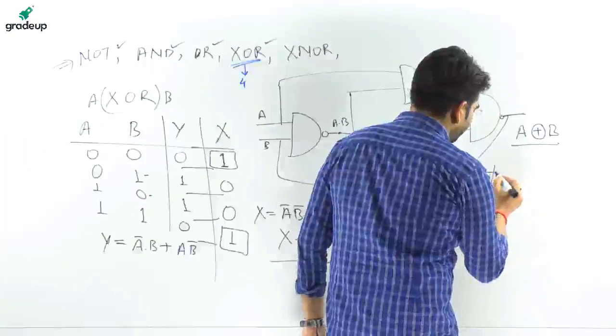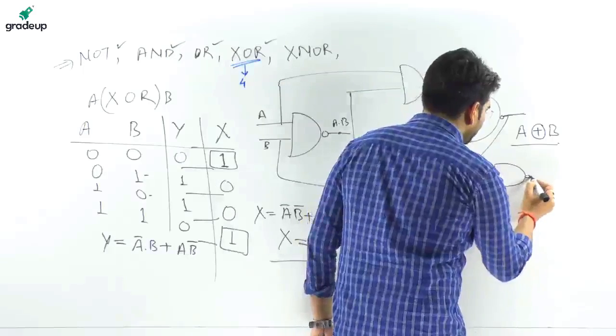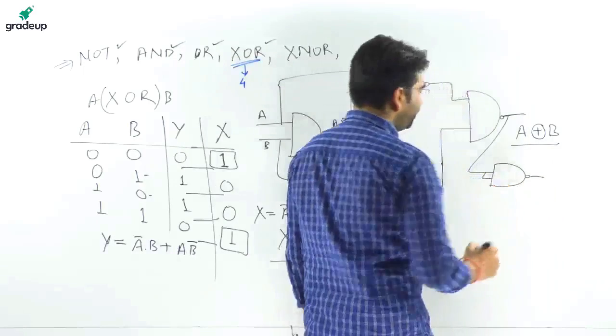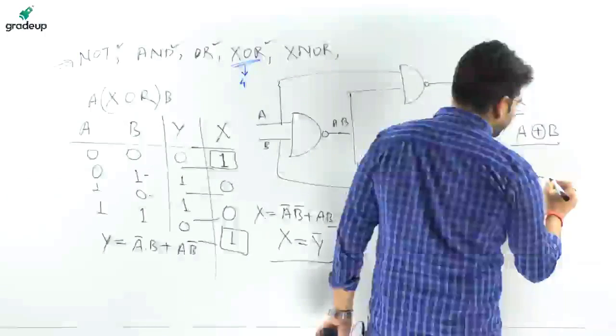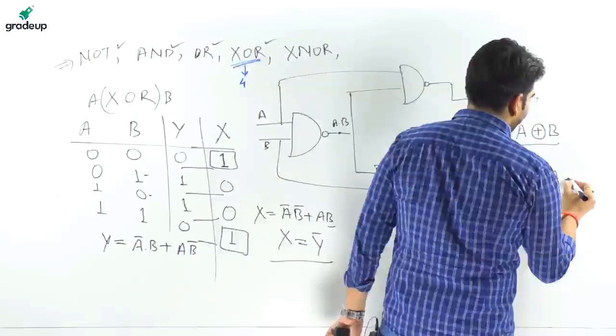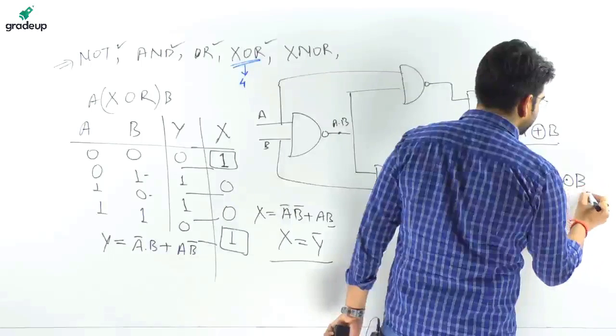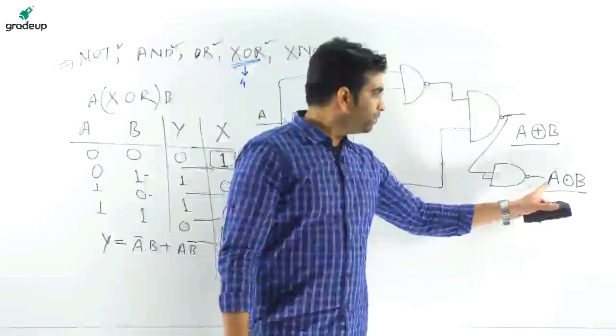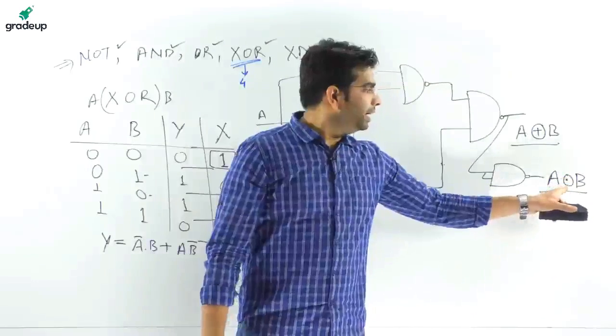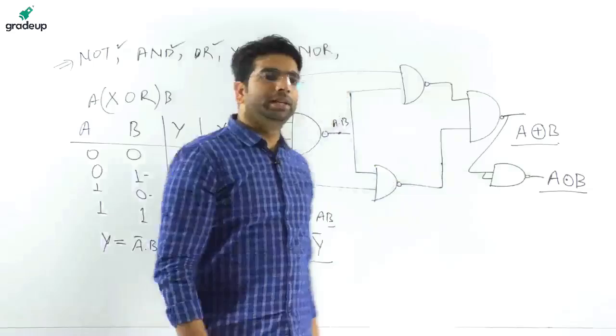This output will be again fed to a NAND gate, a 2 input NAND gate, and then we will have an XNOR gate with this function. The value of XNOR is A XNOR B, and the operation is represented by this.